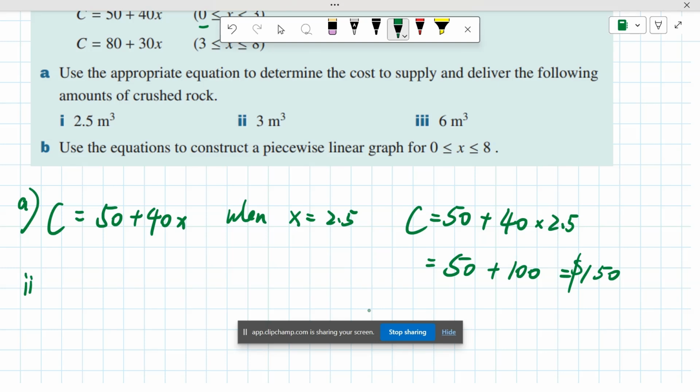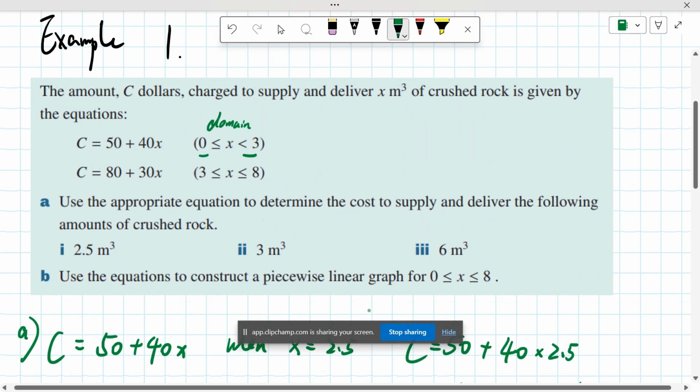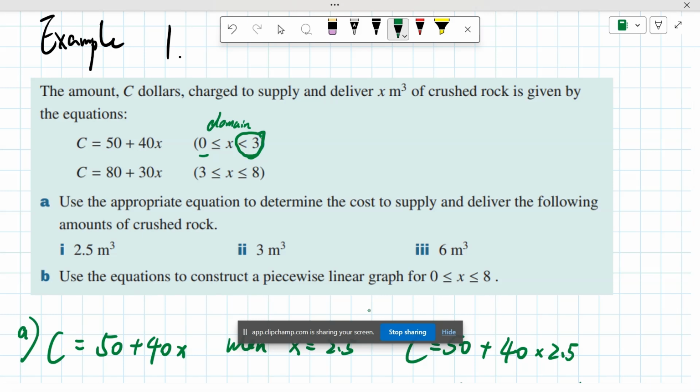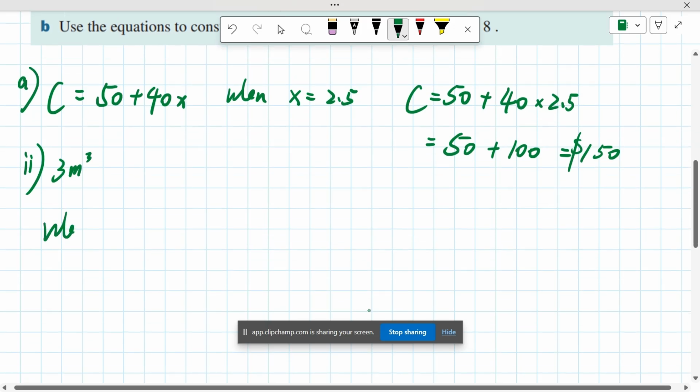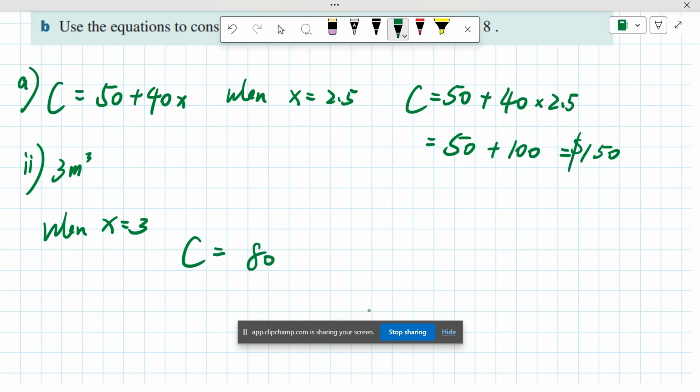And for 3 cubic meters, now it's a different one, because x is less than 3 but not equal to 3. When x equals 3, it will be on the second equation. So when x equal to 3, C equal to 80 plus 30x. That equals 80 plus 30 multiplied by 3.